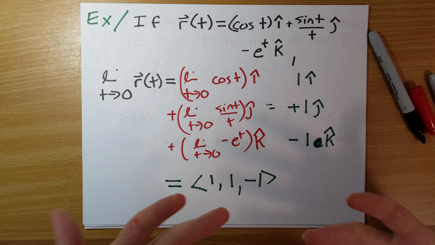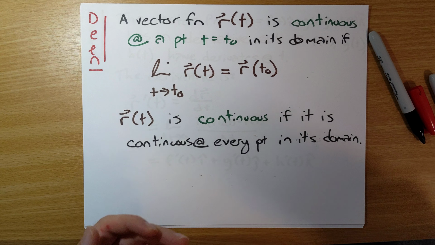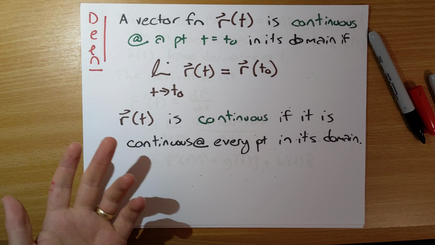Okay, so limits. If you can do limits in Calc 1, you can do limits of vector-valued functions. Just take the limit of each component separately. The next thing we want to talk about has to do with continuity. What does it mean for a vector function to be continuous?